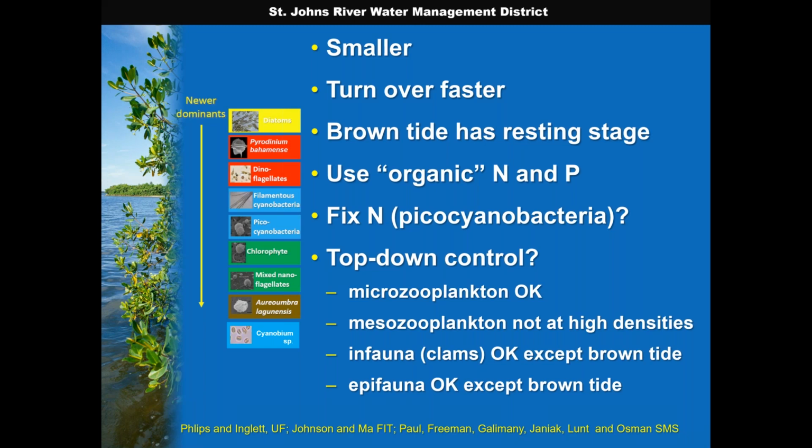But it's not just the quantity of things that have changed, it's also the quality. So what we've seen is a shift from diatoms and dinoflagellates that you can see on the left hand with the boxes and the little pictures, and some of the larger cyanobacteria, to picocyanobacteria and small nano chlorophytes and brown tide, which is a nanoplankton as well.